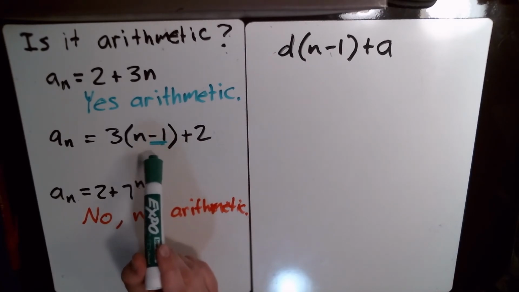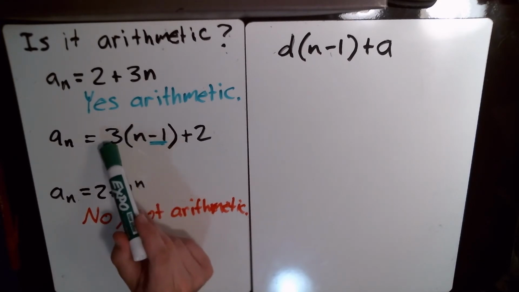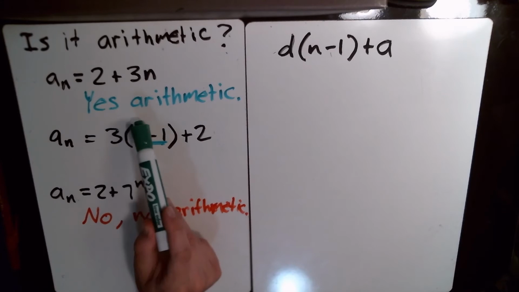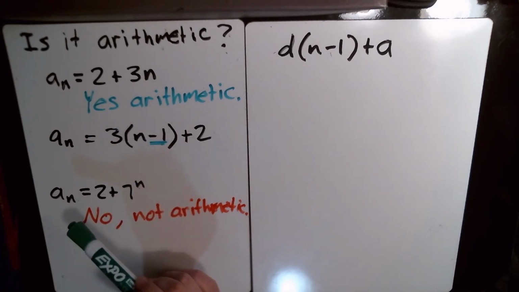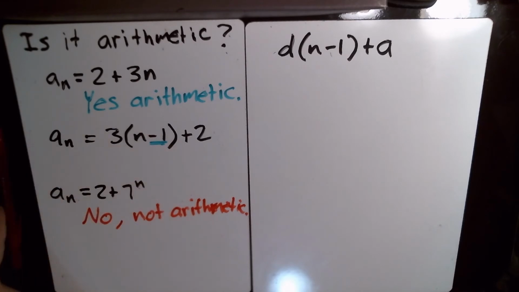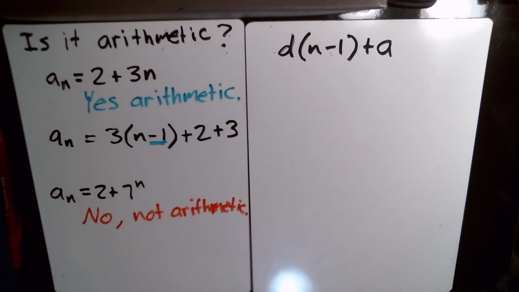I mean, I did inside of the parentheses, but for the whole equation, when I distribute that 3 through, I will have subtracted 3 from the whole equation. So to compensate, I'm going to have to add 3 so that I get the same thing.